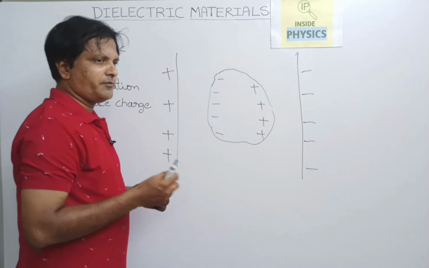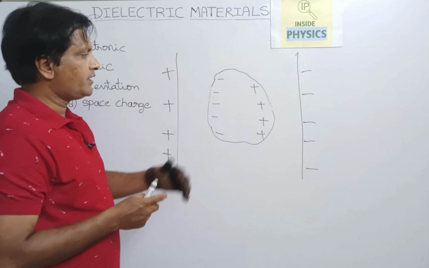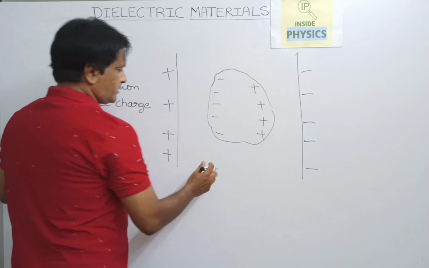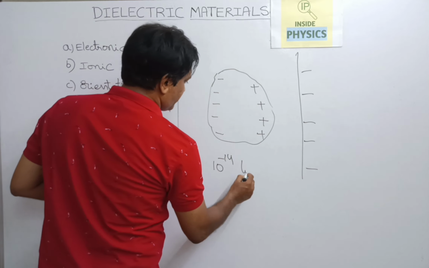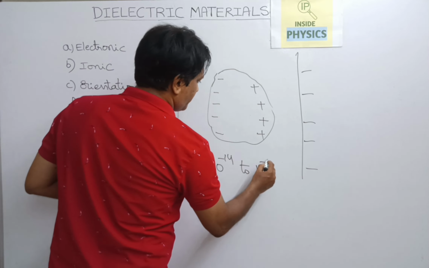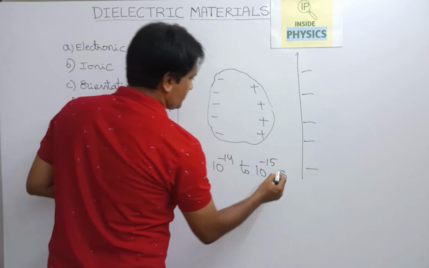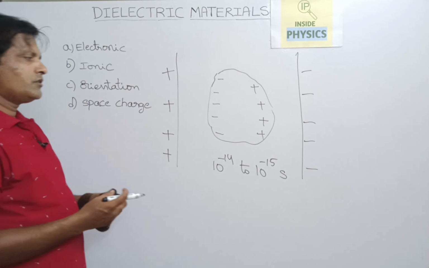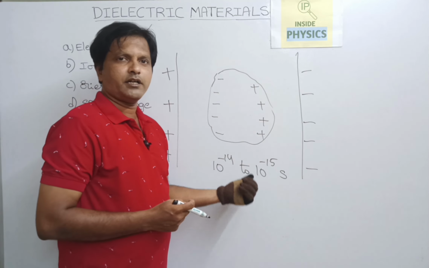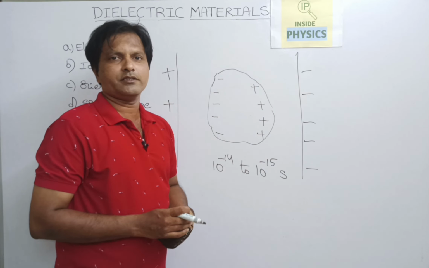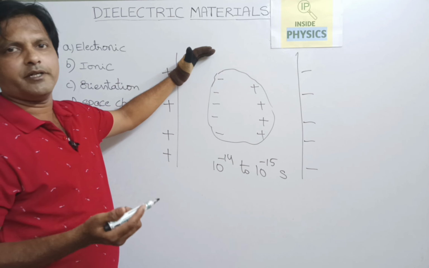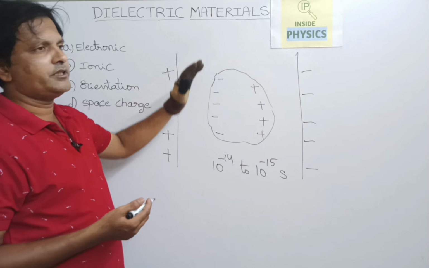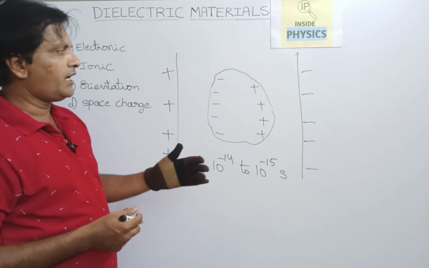In how much time does it happen? When an electric field is applied, it takes a very short time, 10 to the power of minus 14 to 10 to the power of minus 15 seconds. This is the time in which the electronic polarization happens. This happens in all states of dielectric materials, that means solids, liquids and gases.